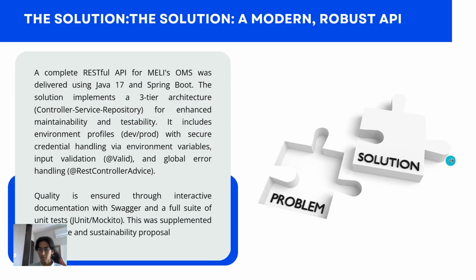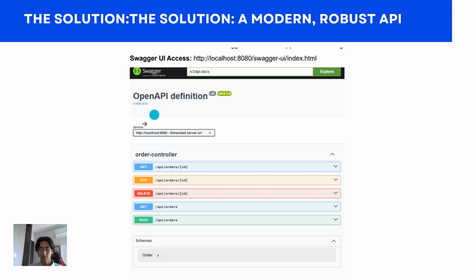Okay. Well, in this slide we have a photo that is the Swagger UI. You can access it with this URL. You want to see this CRUD, that is get, put, delete, get all, and post, that is create a new article.